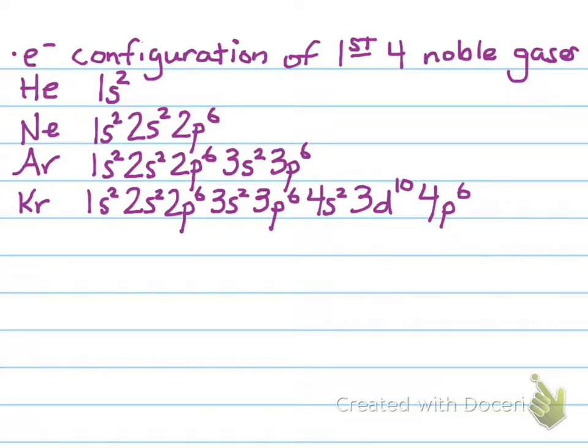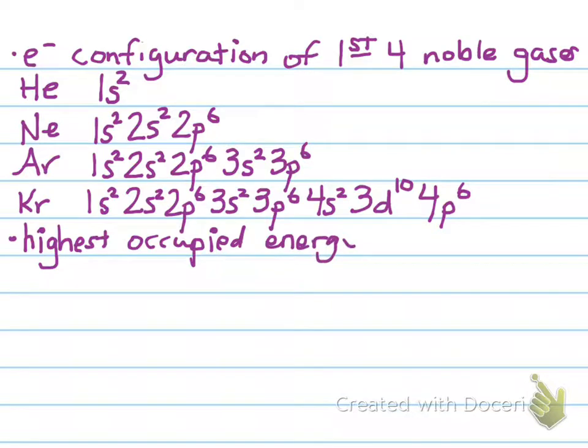What we want to kind of notice about these is the highest occupied energy level, which we're going to refer to quite a bit, so I'm going to use this HOEL abbreviation.